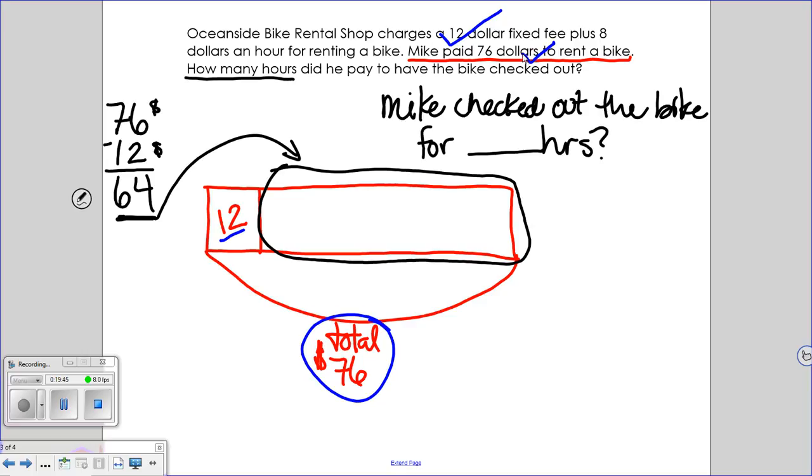Okay. If we add another 8, what would that be? What if we added another 8? That would equal 6.